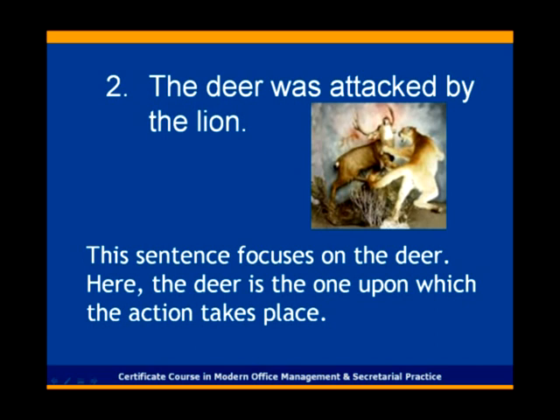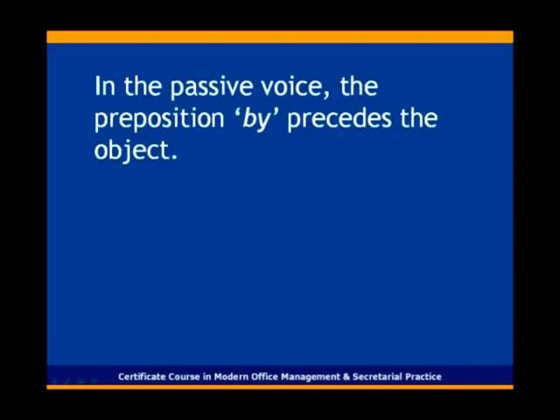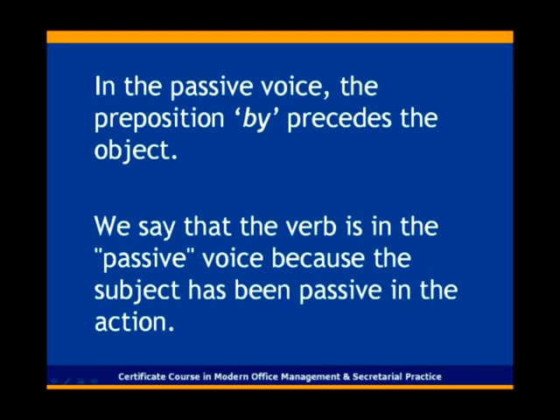Note that in the passive voice, the preposition by precedes the object. We say that the verb is in the passive voice because the subject has been passive in the action.